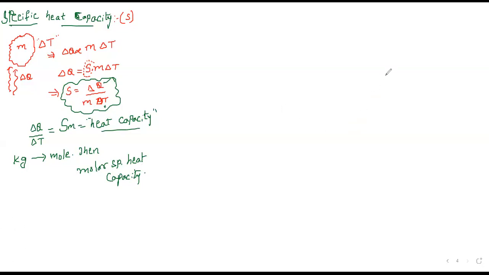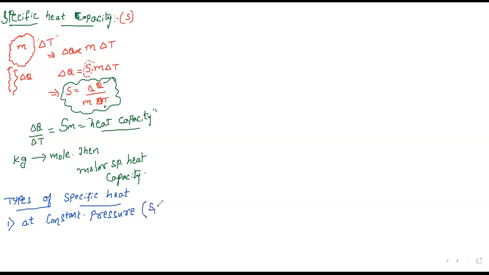Then actually there are two types of specific heat. Now you can supply heat at constant pressure, which is usually denoted with SP, or also with Cp.